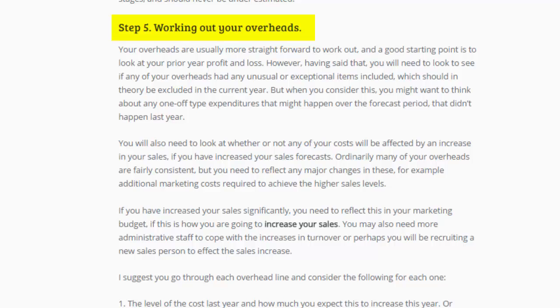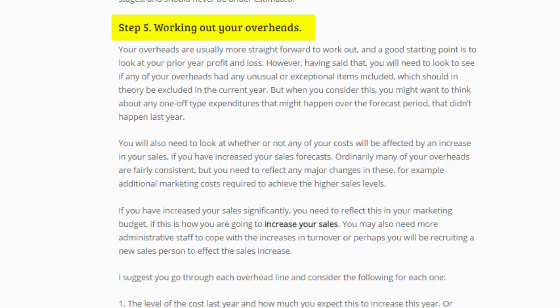I've already mentioned that you need to have a look at whether any of your costs will be affected by the increase in your sales. So have a look at what your costs are that are almost directly related. So for example, your marketing and stationery costs would increase as a result of increased sales.